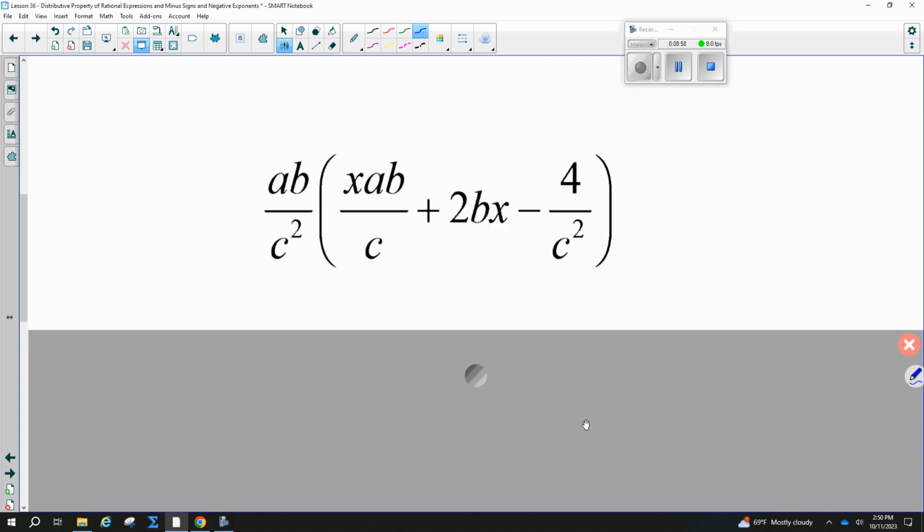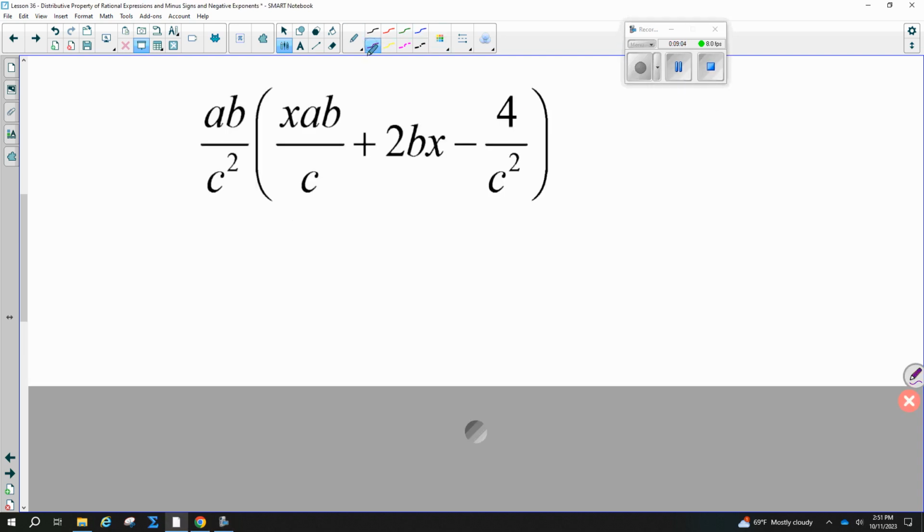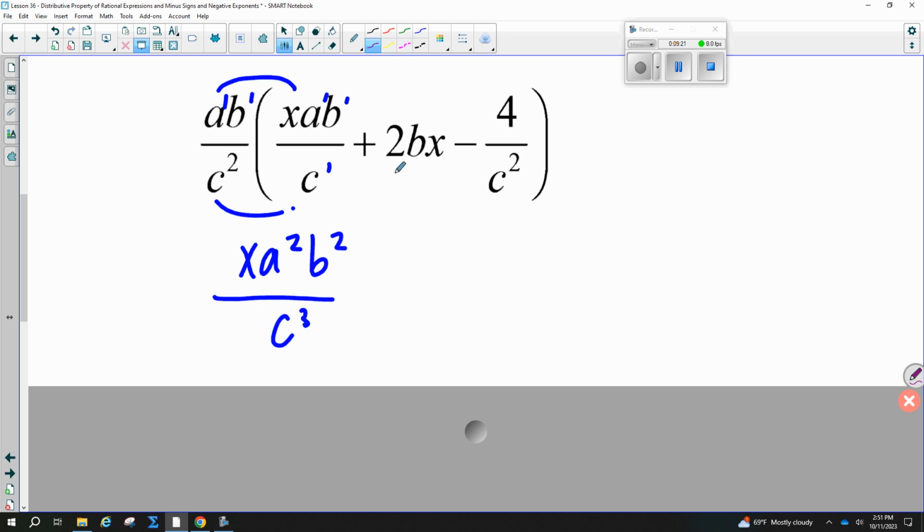All right, I'll give you guys a minute to try this one. All right, hopefully everyone has tried this one. Let's multiply the top to the top. So I have x a squared b squared. All right, add the a's, right? Add the b's. And in the bottom, we're going to add those c exponents so we get c cubed. Put this guy over 1, so I have plus. Now I'm going to multiply this to this.